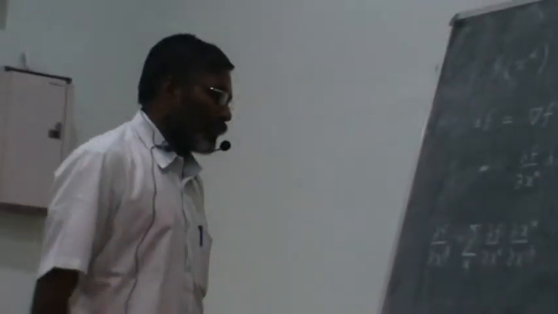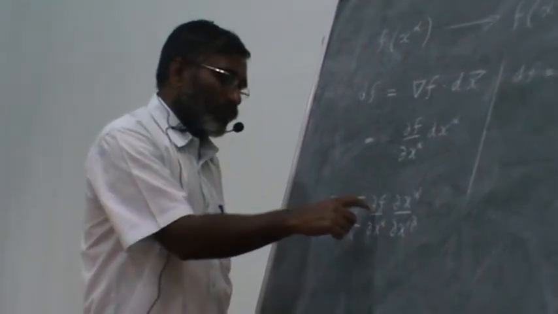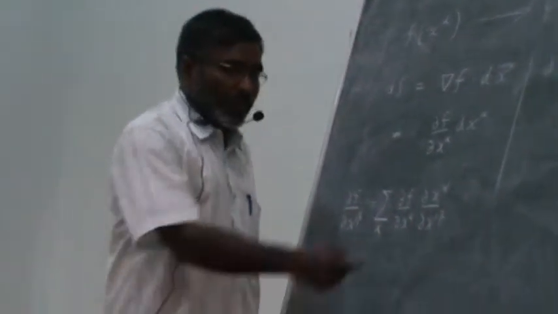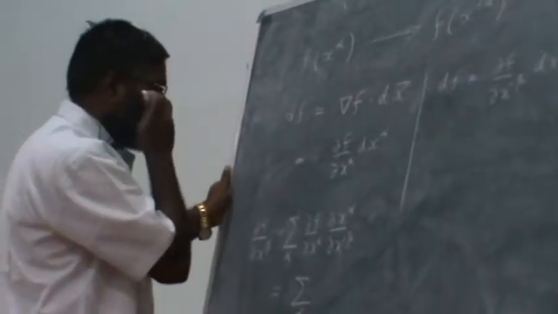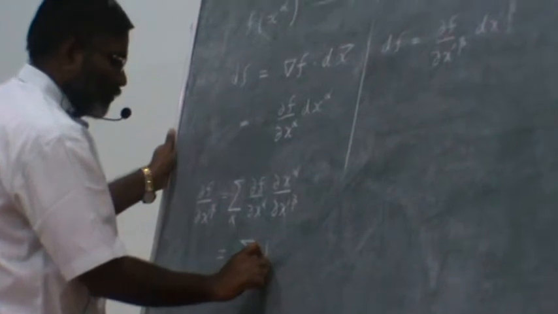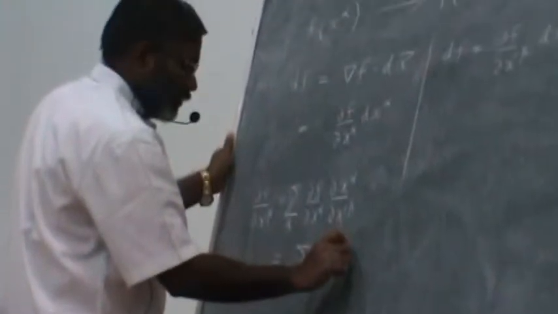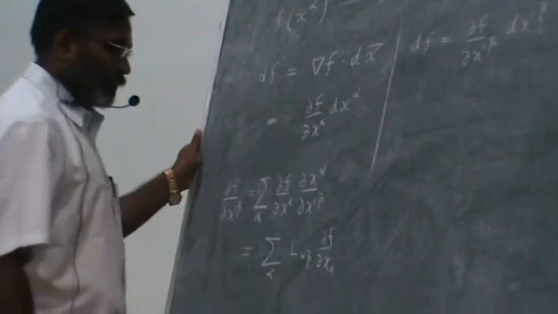So you can see that dou by dou x prime coordinates has to be written in terms of dou by dou x unprimed coordinates. This is the matrix that will, so this can be written as sum over alpha, L alpha beta of dou by dou x alpha of f.